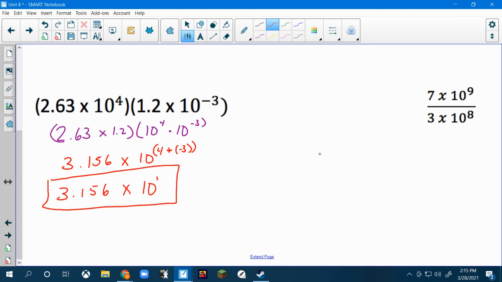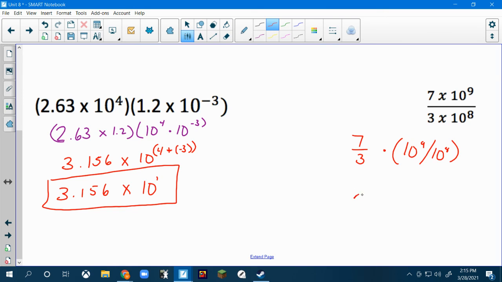Let's try one more with division. We're going to separate 7 and 3, and we're going to multiply that by 10 to the 9th divided by 10 to the 8th. Well, 7 divided by 3, we're going to approximate this one.